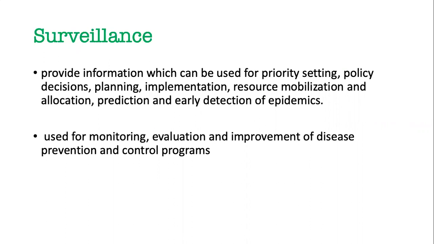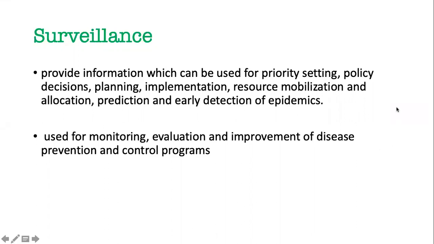Then the public health officials in that province would prioritize the delivery of safe obstetric care among mothers who are delivering their babies. So that's how important surveillance is in, let's say, priority setting. Policy decisions, planning, implementation, even resource mobilization and allocation, prediction, and even early detection of epidemics.